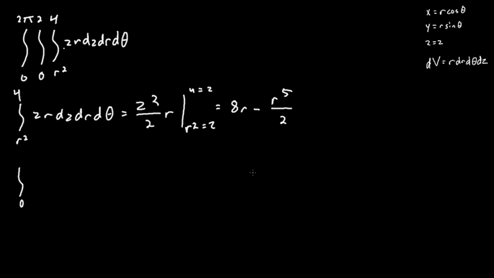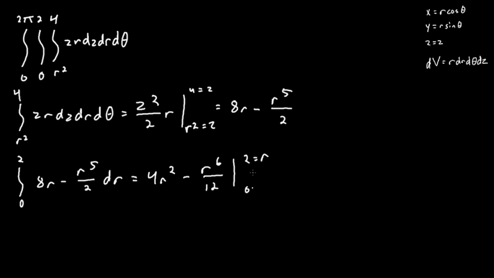So now we integrate with respect to r. 8r minus r to the power of 5 over 2 dr. We integrate this, we get 4r squared minus r to the power of 6 over 12 from 0 to 2 for our r bounds. We substitute 2 in, you get 16 minus 2 to the power of 6, which is 64, over 12.